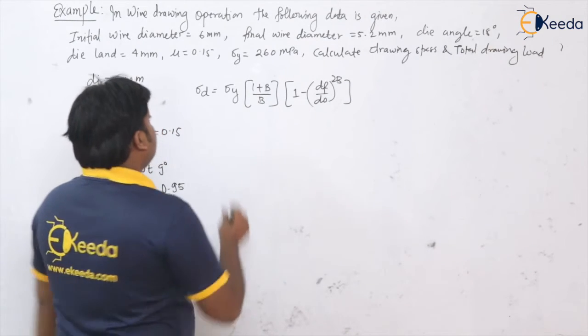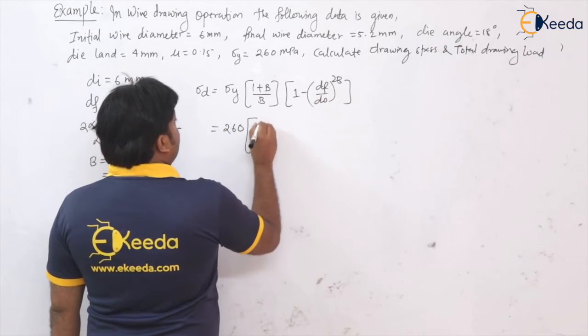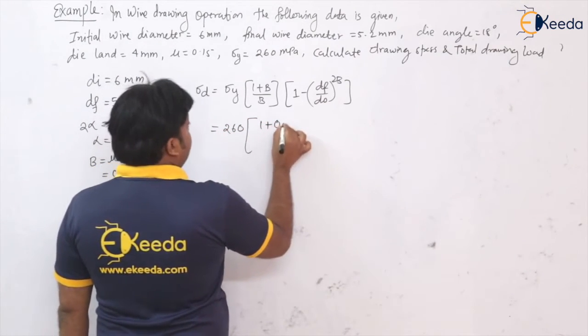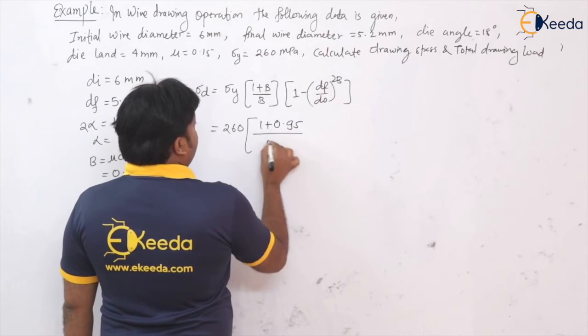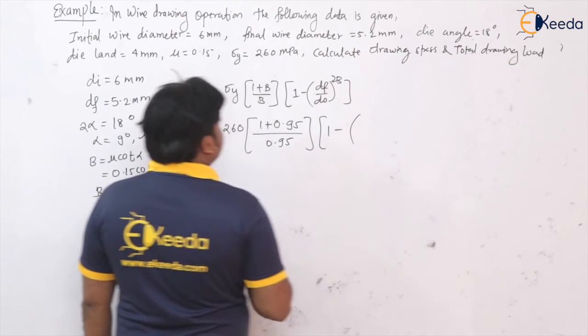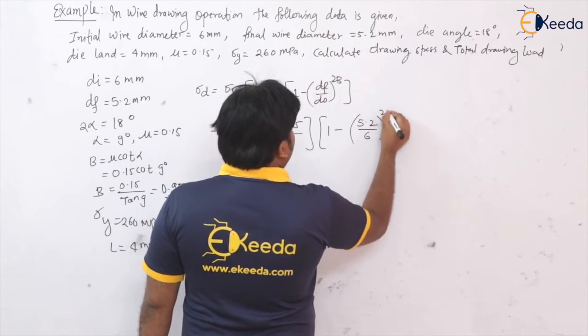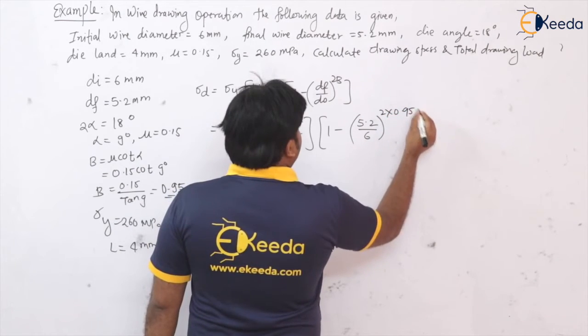Sigma Y is 260 into (1 plus 0.95) divided by 0.95 into the bracket 1 minus (5.2 divided by 6) to the power 2 into 0.95, which is 1.9.